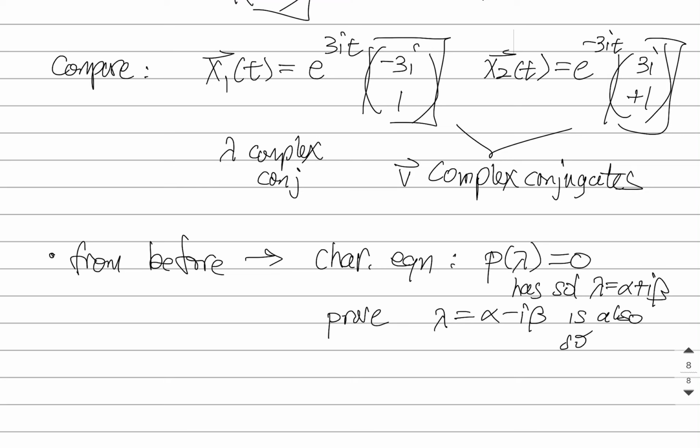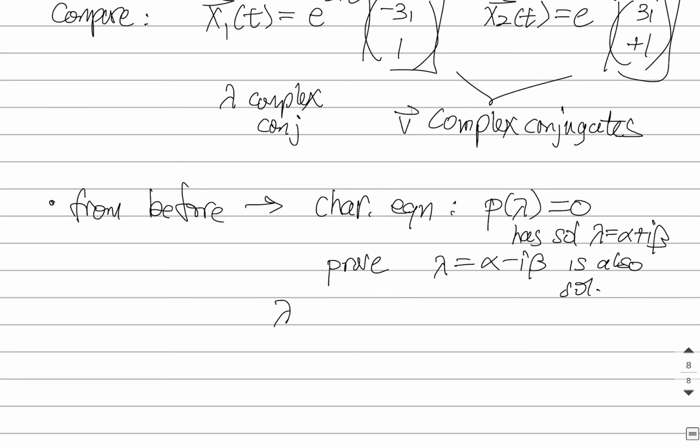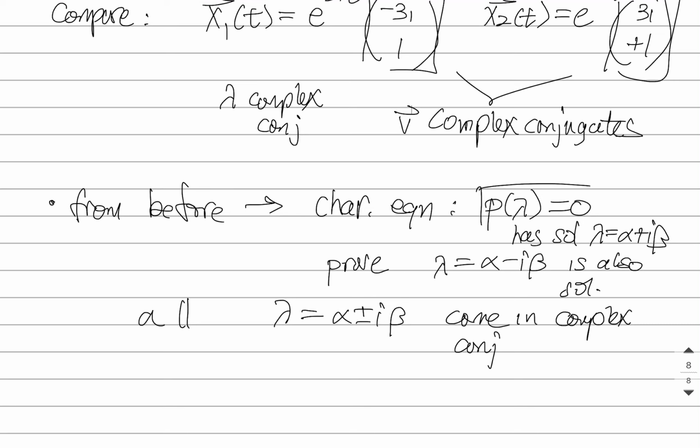And we've seen that before. All lambdas come in complex conjugate pairs. And that's a property of polynomial equations with real coefficients.